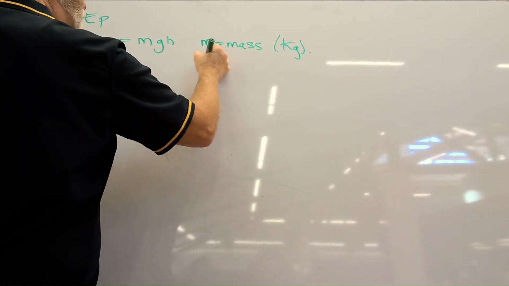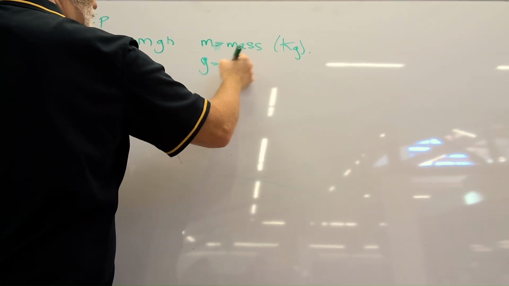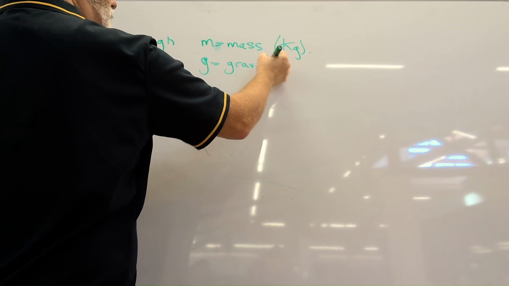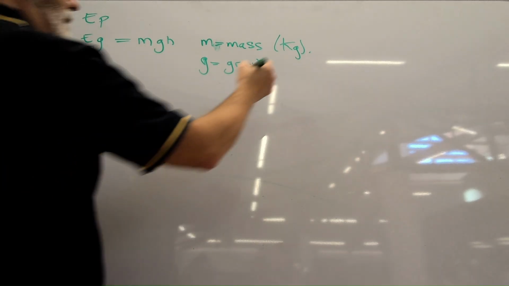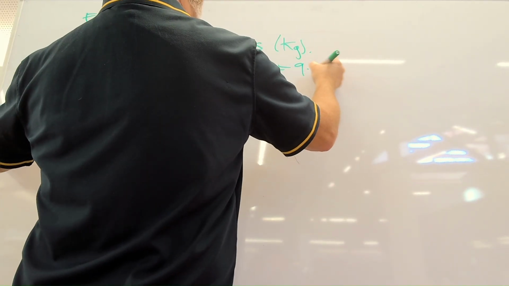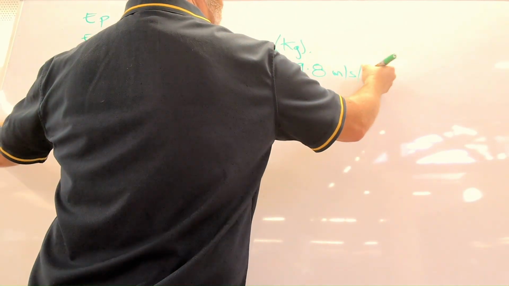Kilograms. G is gravity. And what's gravity on Earth? 9.8. Well, 9.81 if you want to, but I'll just stick with 9.8. It equals 9.8 meters per second per second.